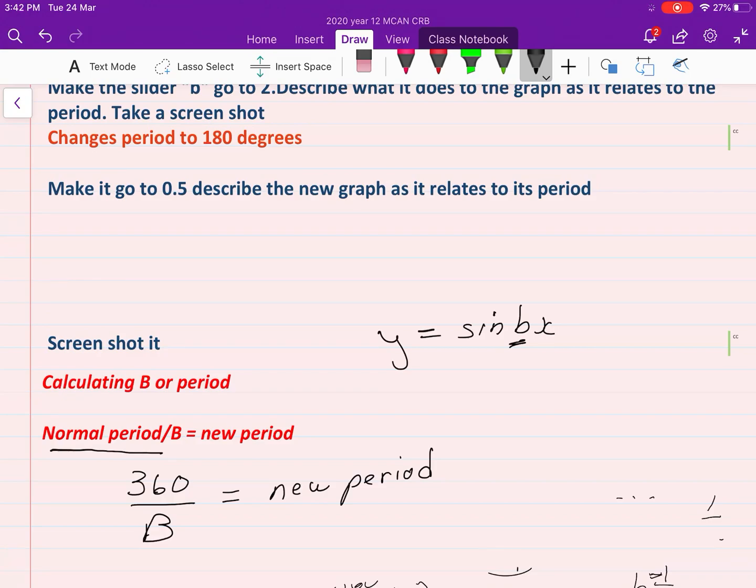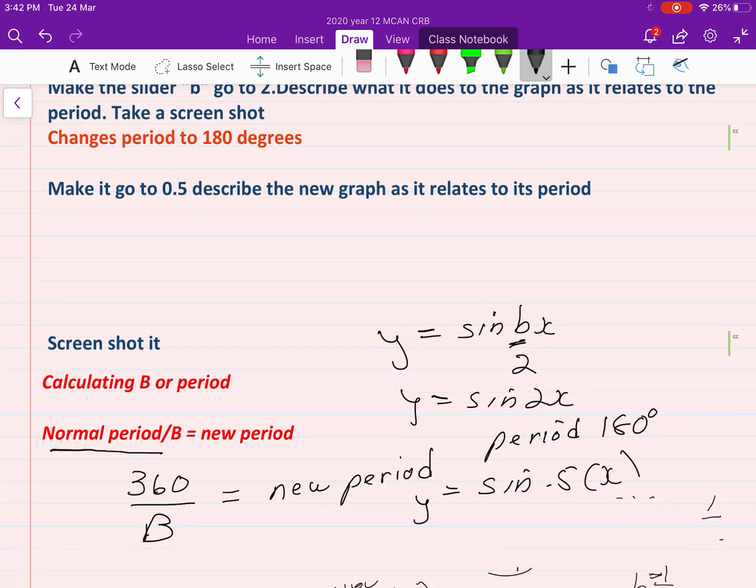So if I've got y equals sine of 2x, I'm just going to divide 360 by 2. So I know that my period is going to be 180 degrees. If b is 0.5, then I take 360 and divide it by a half, or 0.5, which gives me 720.